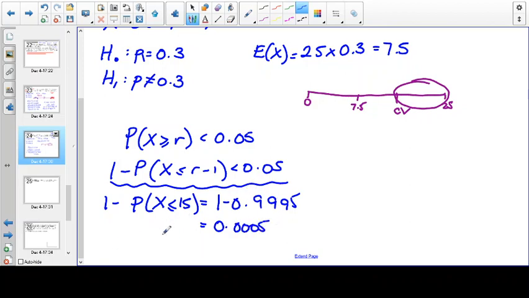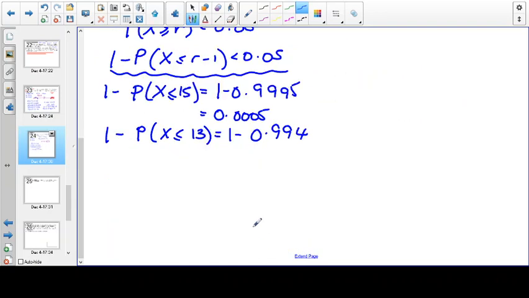So I need to go smaller than that. So I'm going to try 13. X less than or equal to 13 is 1 minus 0.994, which is 0.006. So I'm going to try lower than that. 11.